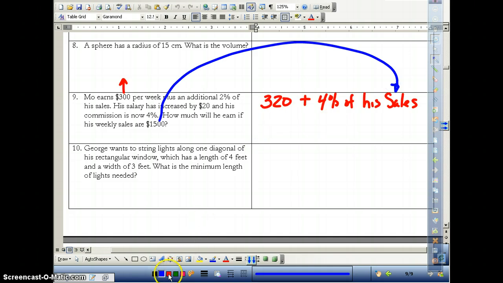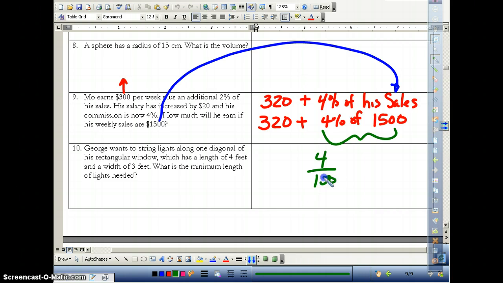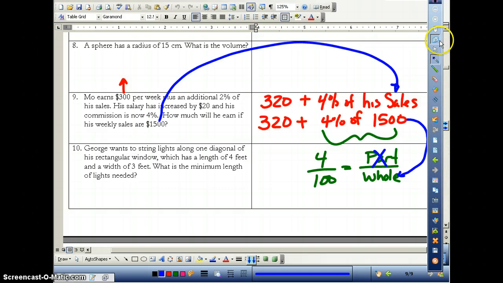Yeah, $1,500. So his earnings is going to be $320 plus 4% of $1,500. So this piece right here, I need to figure out what 4% of 1,500 is. Part over whole. Is 1,500 the part, or is 1,500 the whole? All right. When you calculate what the part is, add that to 320, and then you'll have his weekly earnings.